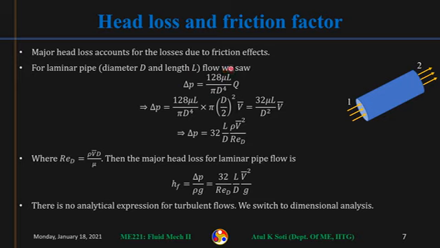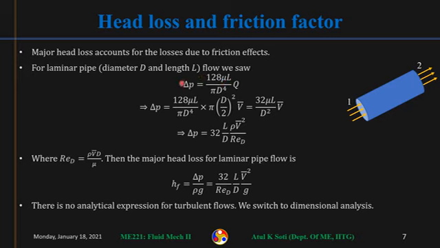If the pipe is of length L and diameter D, then the pressure drop occurring along the flow was given by this expression, 128 mu L by pi d raised to the power 4 into Q. Q is the volume flow rate, mu is the viscosity of the fluid. This we had seen in the analytical solution of pipe flow.